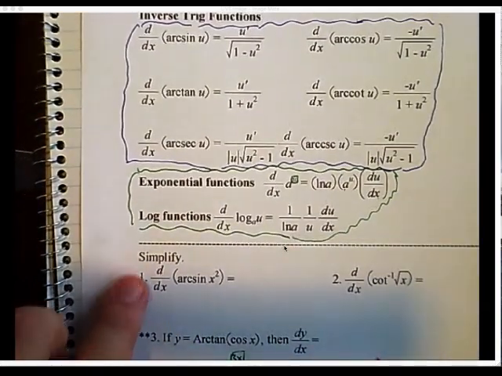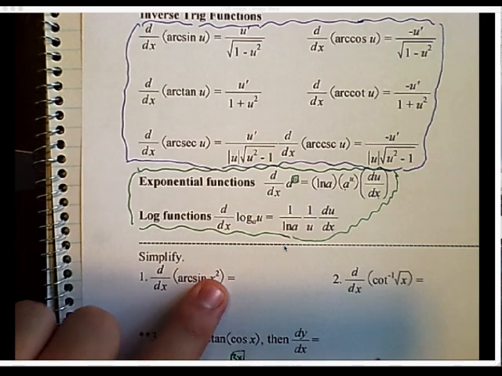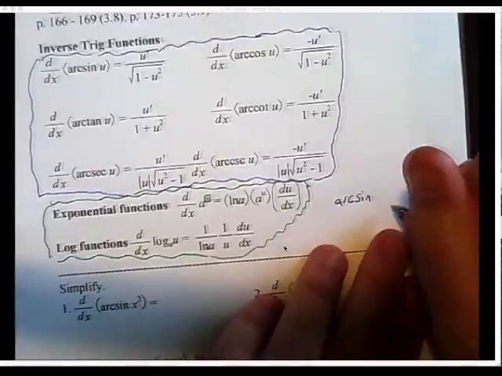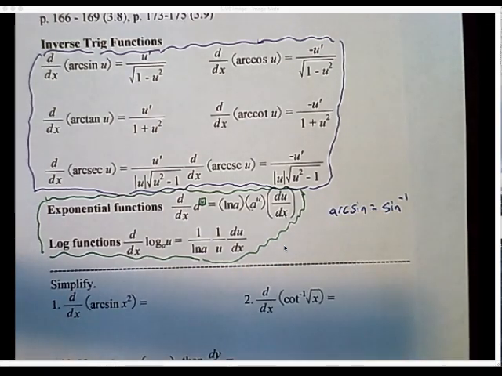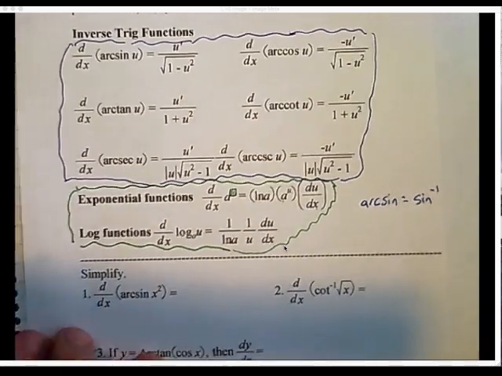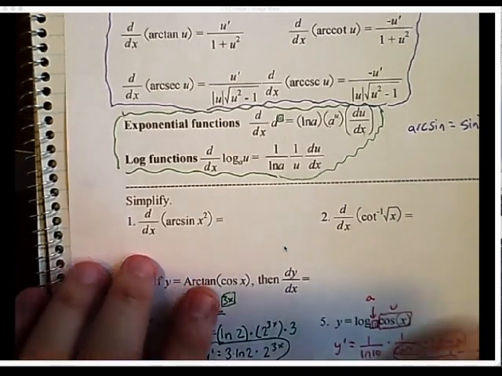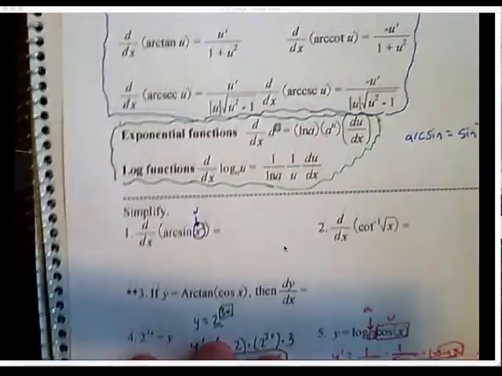It says find the derivative of arcsine of x squared. So what does arcsine mean? Arcsine is synonymous with saying inverse sine. It means the same thing, inverse sine. That's why these are called derivatives of inverse trig. So here, this is the u value. U is x squared.